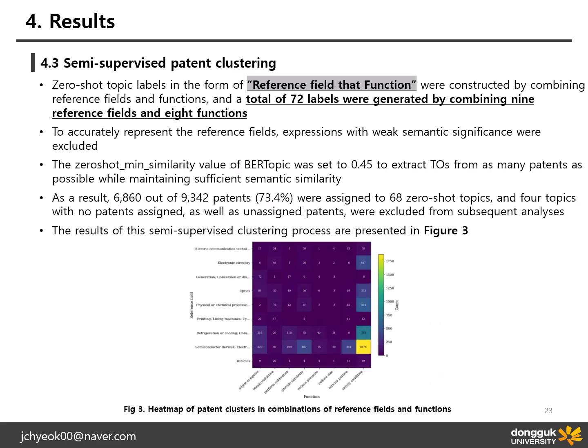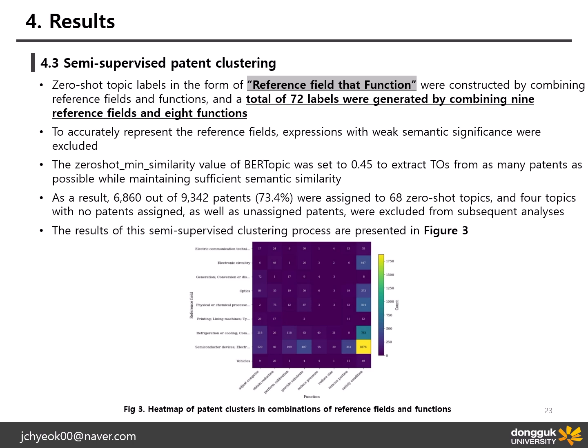Zero-shot topic labels were constructed in the form of reference field and function by combining 9 reference fields and 8 functions, resulting in a total of 72 labels. The zero-shot mean similarity parameter in PathoFit was set to 0.145 to balance semantic coherence with patent coverage.